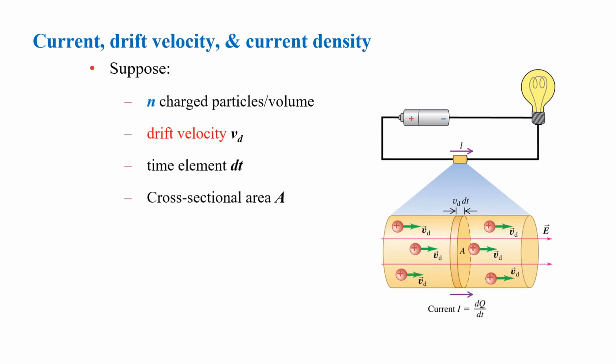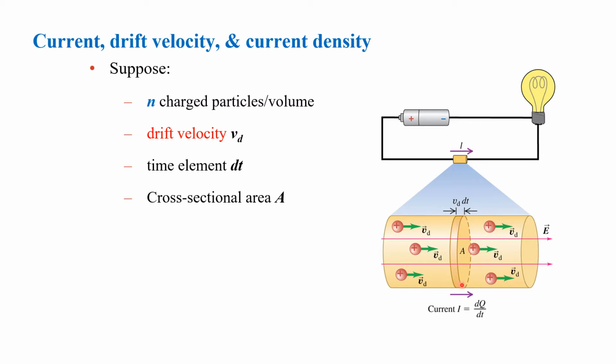Suppose you have n charged particles per volume in a current element. Here you have your current element for the conductor, the drift velocity vd that we talked about earlier, and the time element dt. Let's take some cross-sectional area A in the current element.